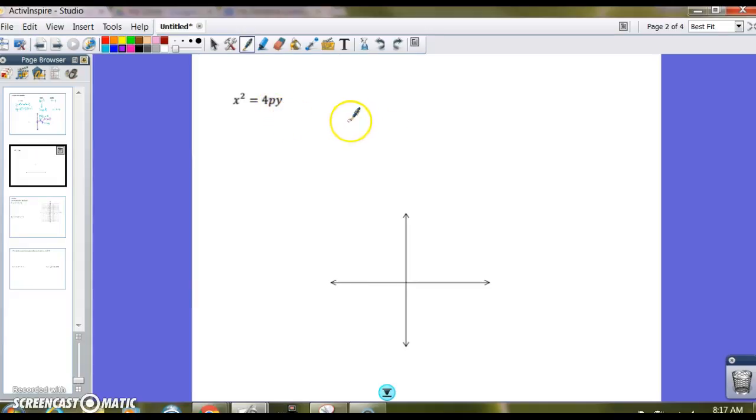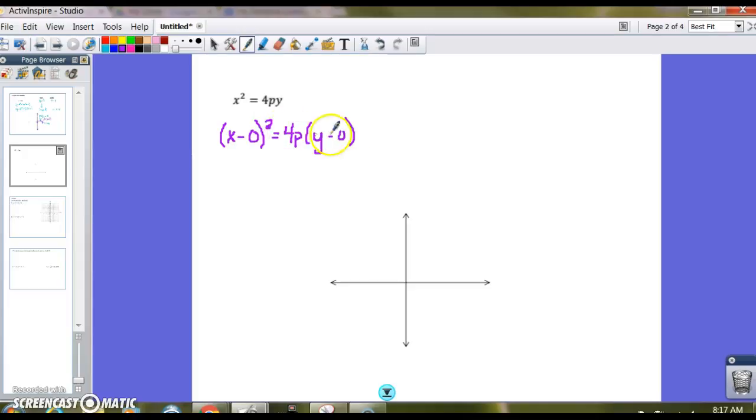So when we have a parabola that opens up or down, if I were to go ahead and replace the x with x minus 0, right? Because I can easily write it like this. It means the same thing, right?